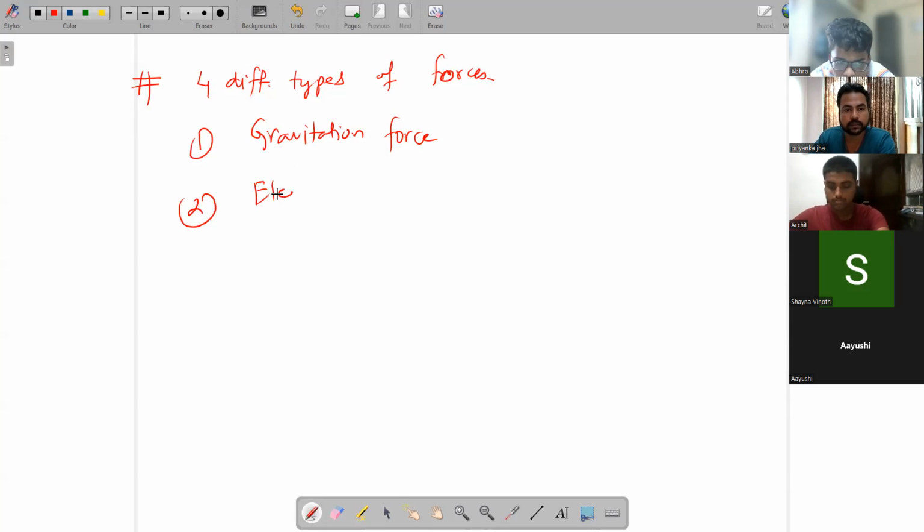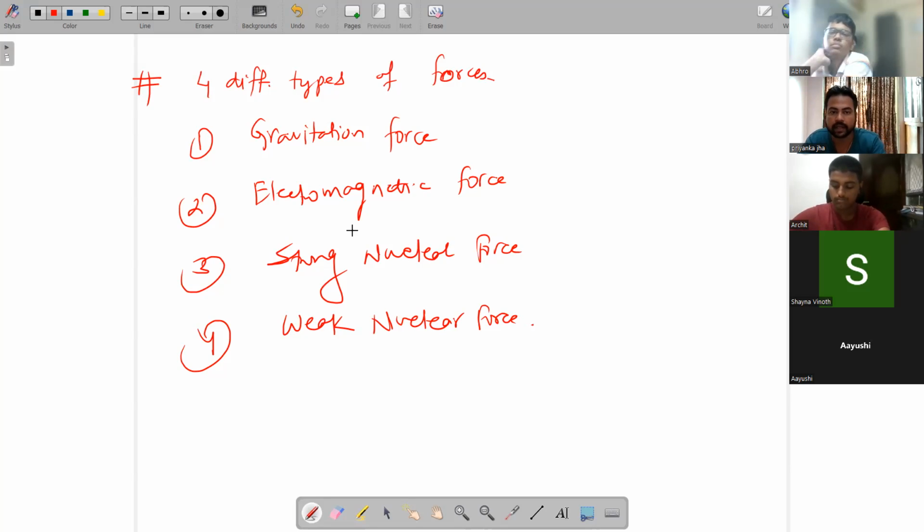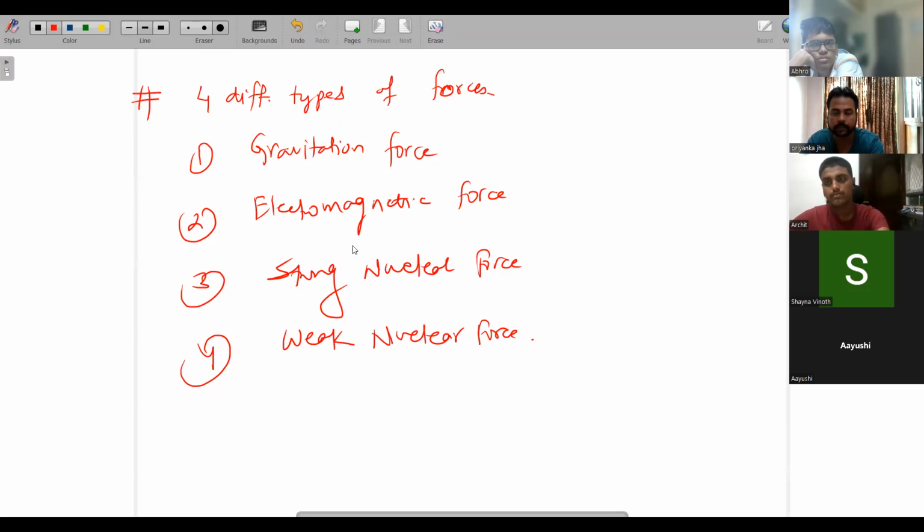Second is electromagnetic force. Third is strong nuclear force. And fourth is weak nuclear force. These 4 categories will include all kinds of forces. So basically we categorize forces into 4 broader categories.